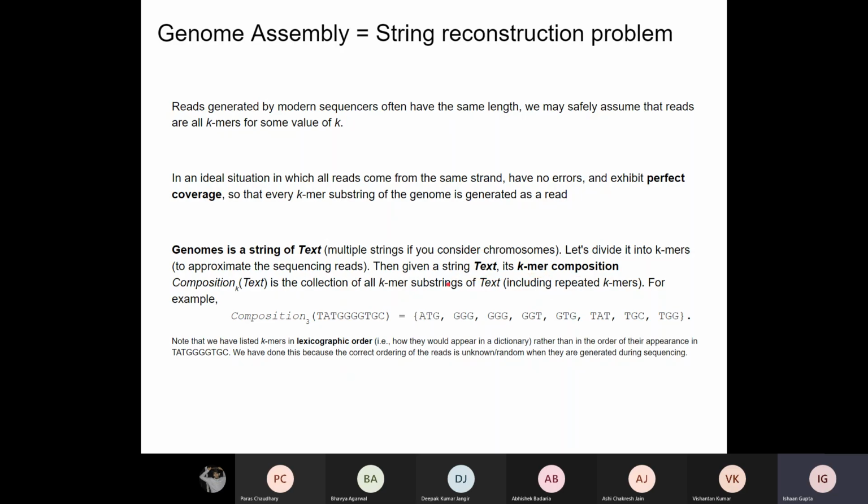The k-mer composition of a text is the collection of all the k-mers which are substrings of the text. So the composition 3 of a text shown here is all the three-mers which are formed in the text. Typically, you will represent these k-mers in lexicographic order. That's why we start from A and we end with T.